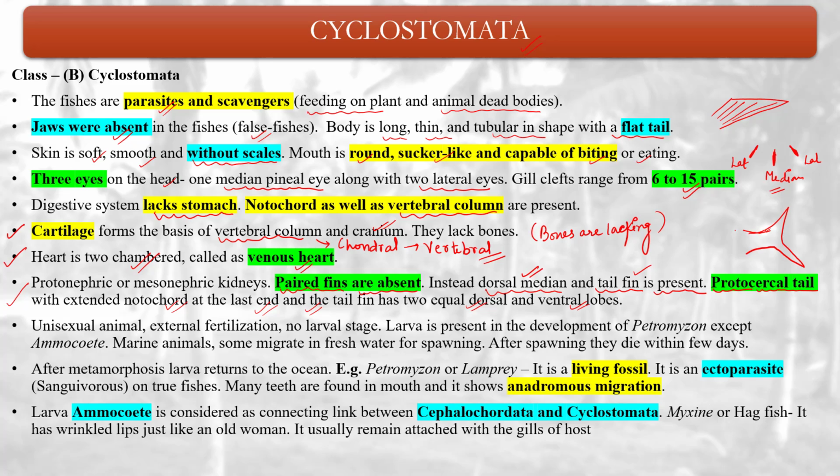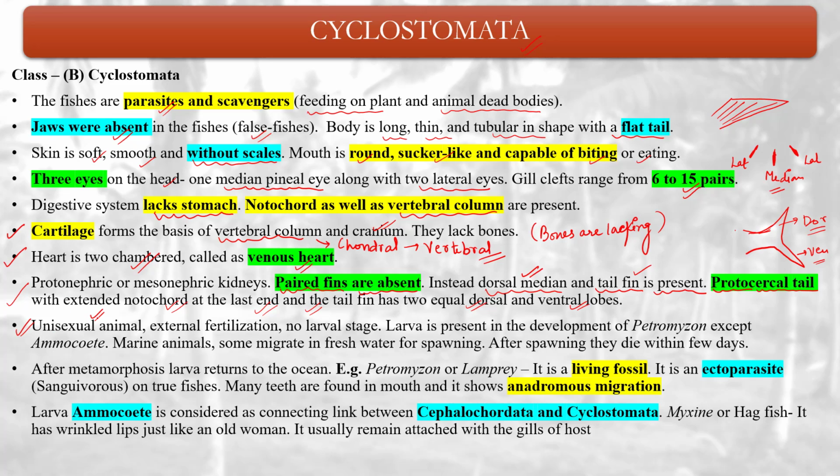One is the dorsal and one is the ventral. So the notochord extends to the end of the tail, and the tail fin is further divided into two lobes, the dorsal lobe and the ventral lobe.